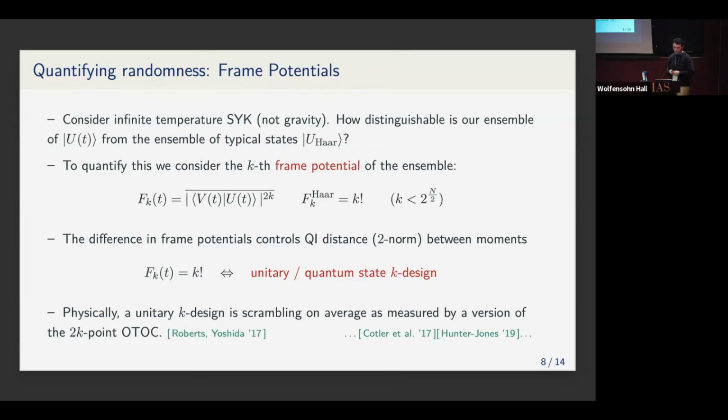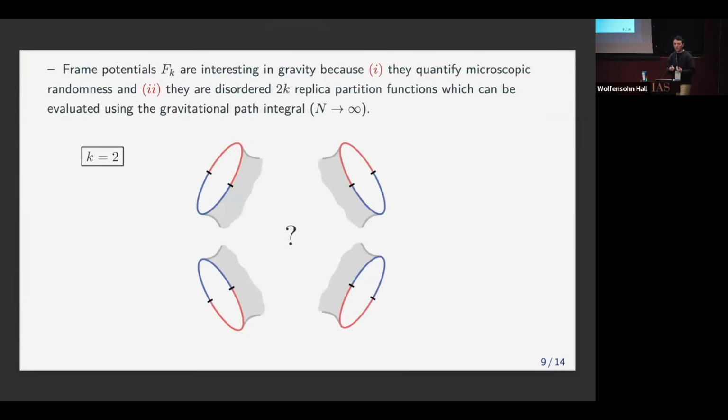Good. So frame potentials are interesting in gravity for two reasons. First of all, they characterize the microscopic randomness of the ensemble of states. But moreover, they are disordered 2k-replica partition functions, which can be evaluated in the large N limit gravitationally using the gravitational path integral. Here I'm representing the second frame potential.